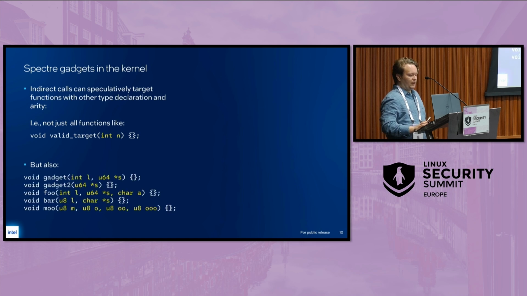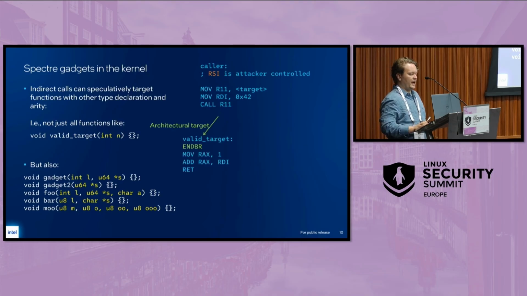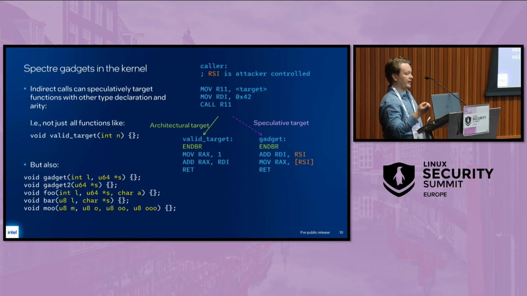But speculatively, even if you have the end branch, you could speculatively jump to one of these other things with a totally different type definition. And the problem with this is that we could have a gadget that actually uses some register, right? If you have only one register controllable at the intended target site, okay, it's fine.